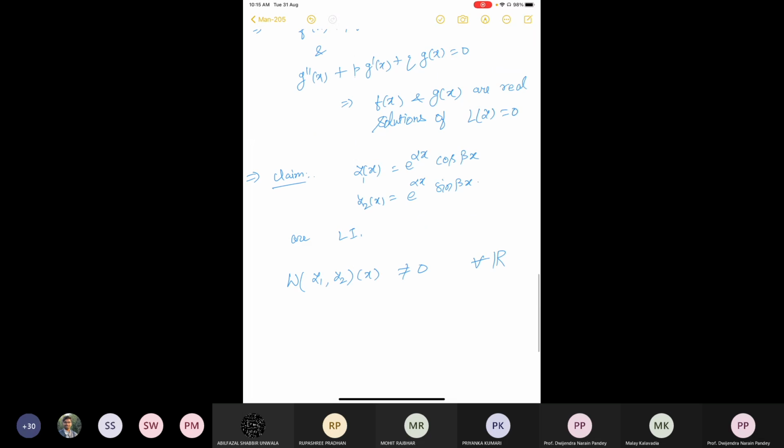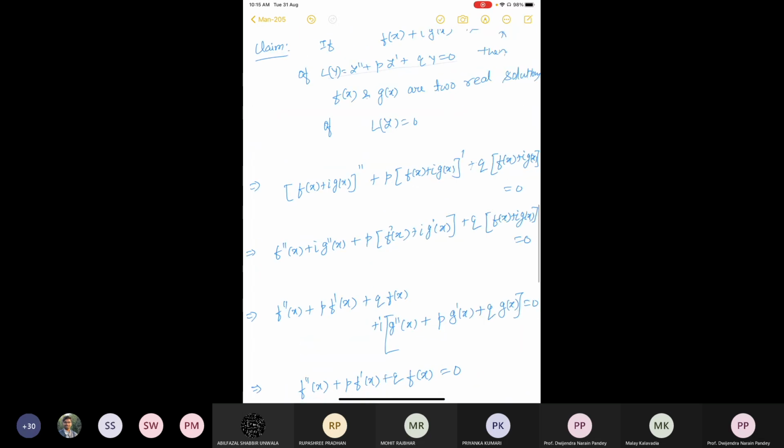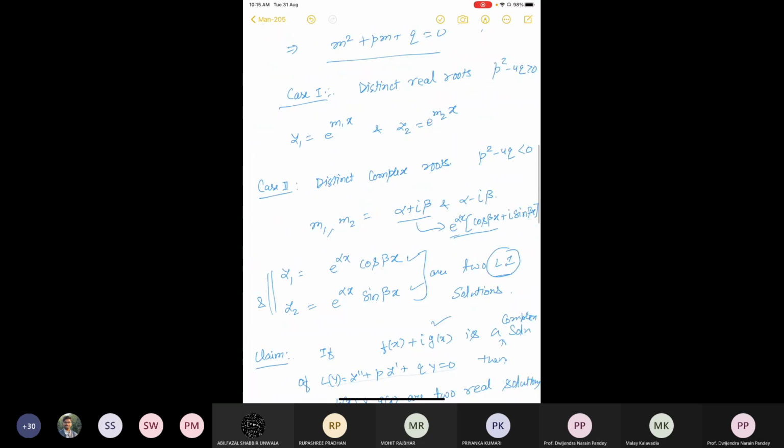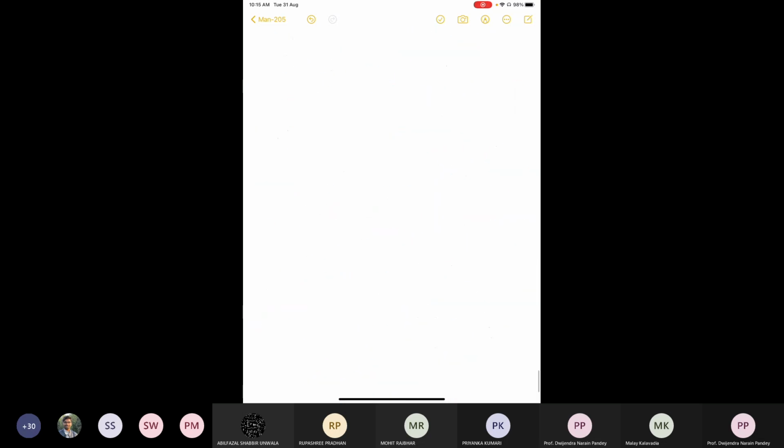Another way is to say this: since we have distinct complex roots, alpha + i beta and alpha - i beta are distinct. So it means that the solutions e^((alpha + i beta)x) and e^((alpha - i beta)x) are both linearly independent. Yes or no?